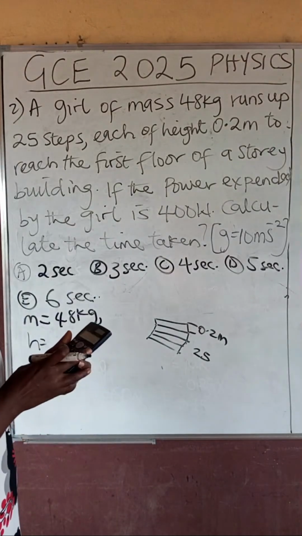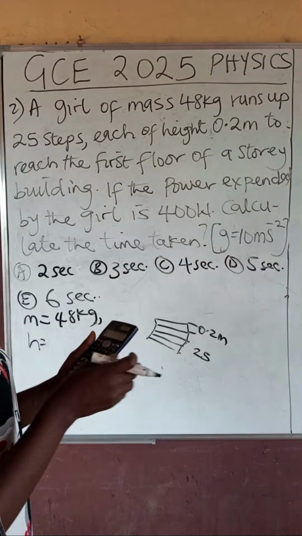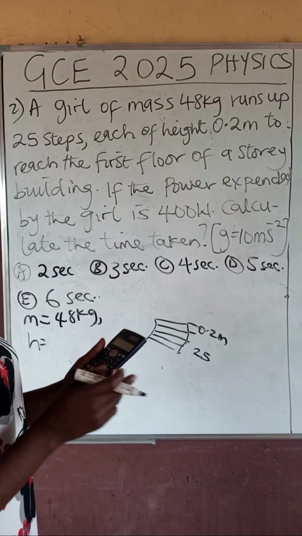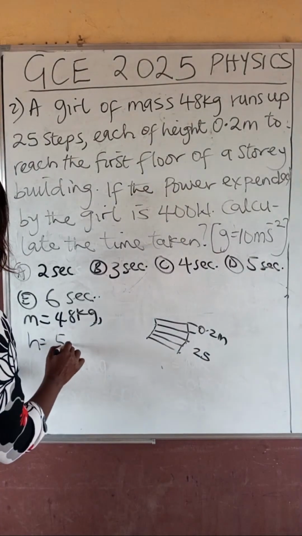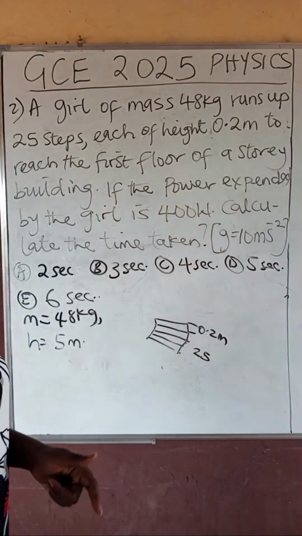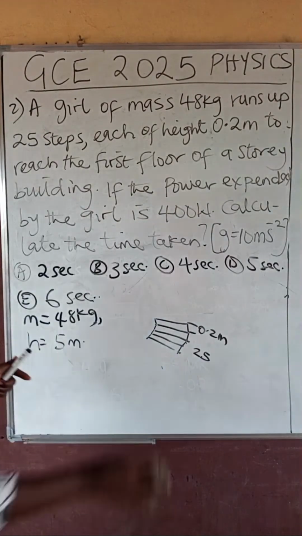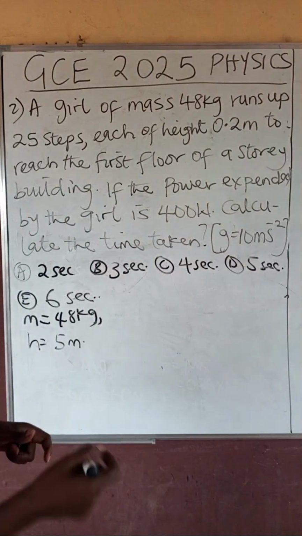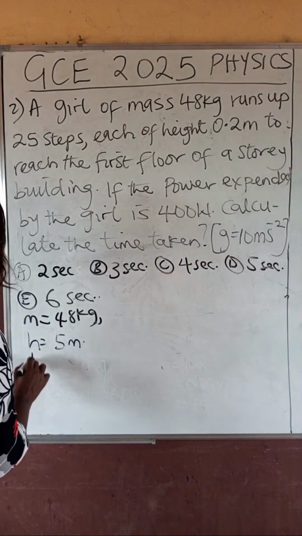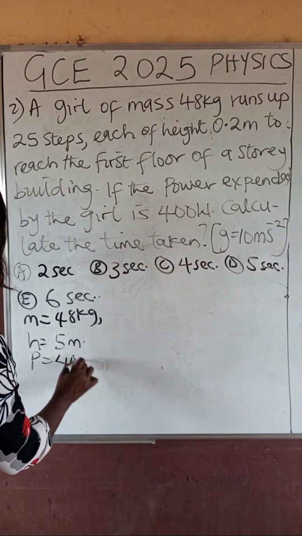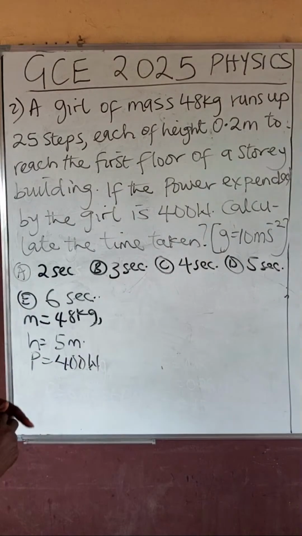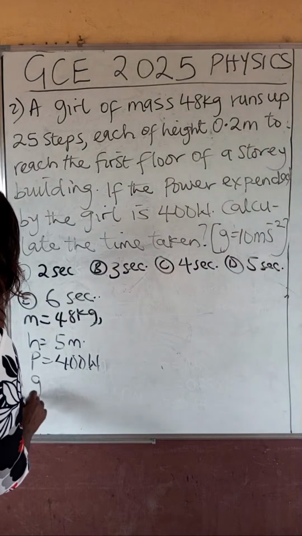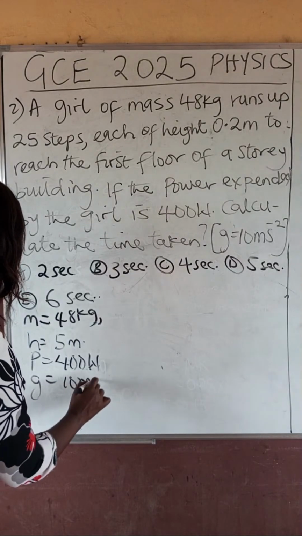So 0.2 multiplied by 25. The answer becomes 5 meters. Now, the next thing is we are given power to be 400 watts, and we are given gravity to be 10 meters per second square.